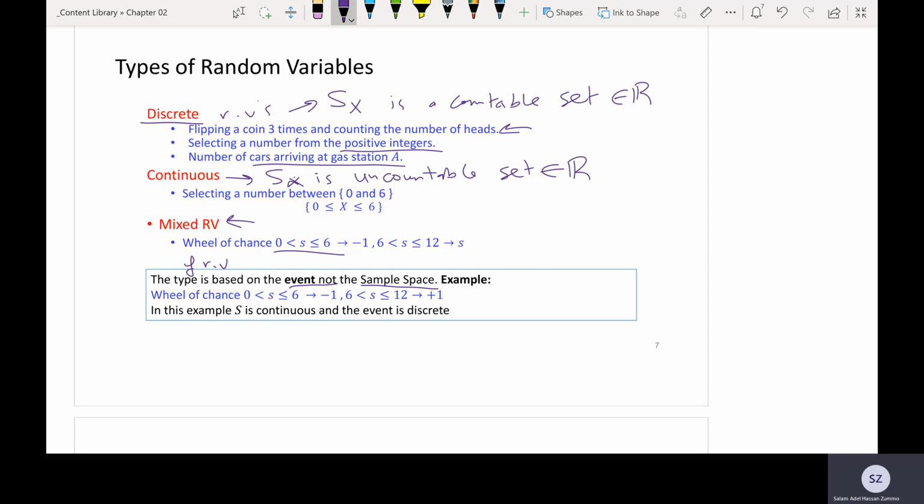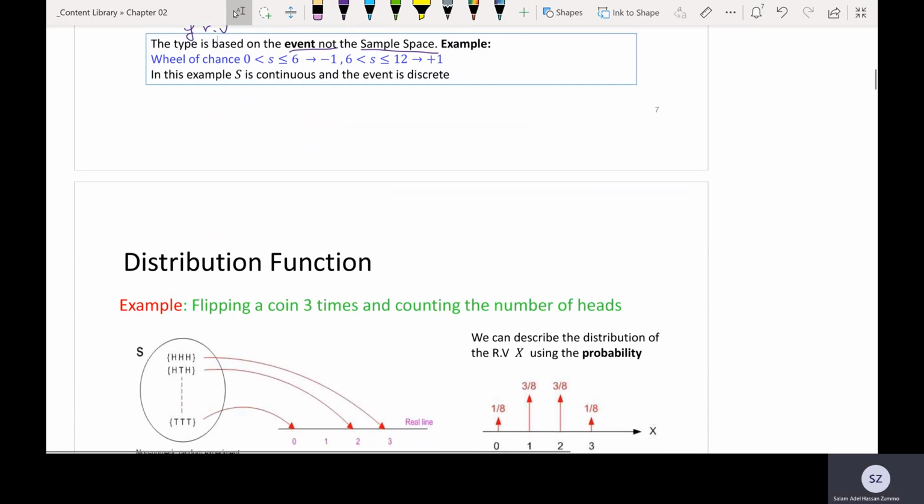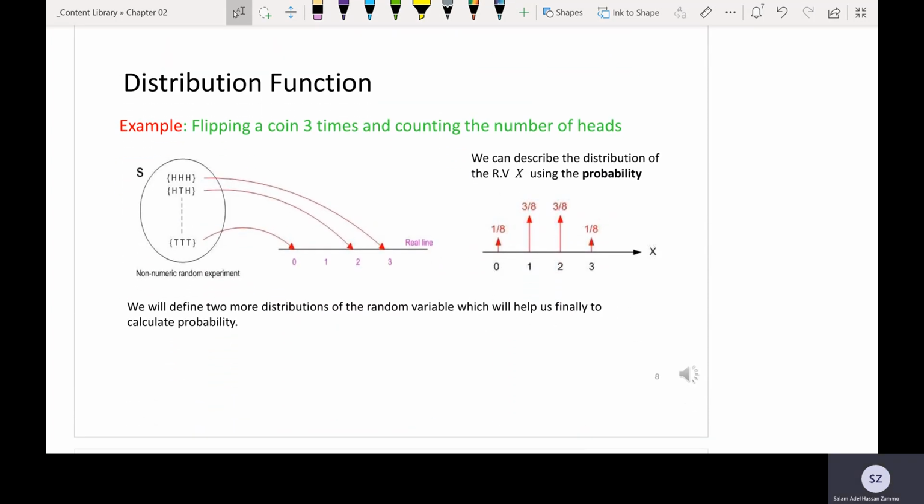We define it, rather than the sample space. Now, any question on random variables, what is the event in the sample space and the corresponding event in the random variable?